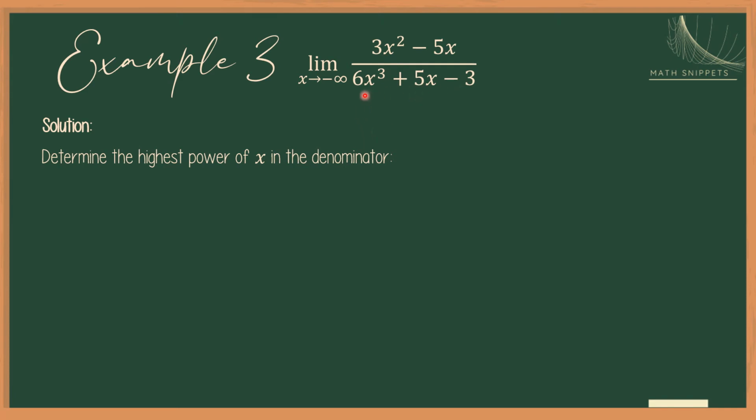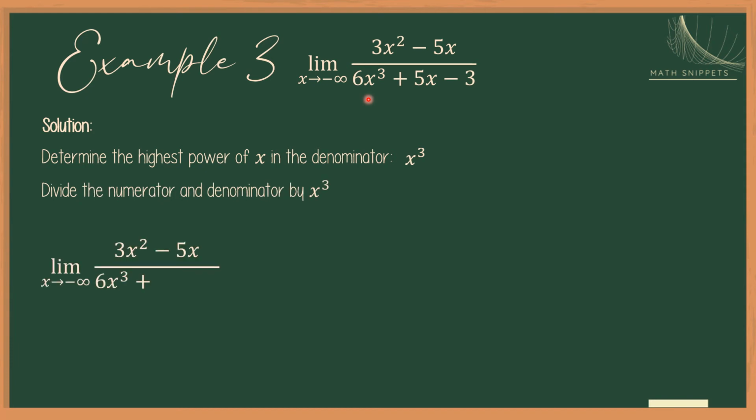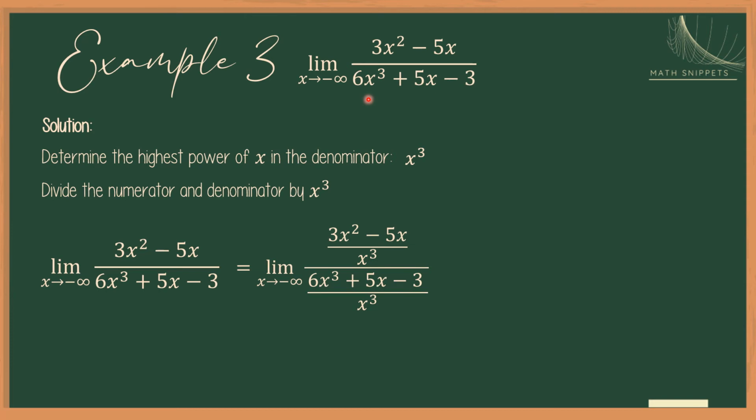In this case, we have x cubed. And you divide the numerator and denominator by x cubed. So you'll have this. Divide by x cubed. And then after that, we try to simplify the numerator and denominator separately, giving us this.